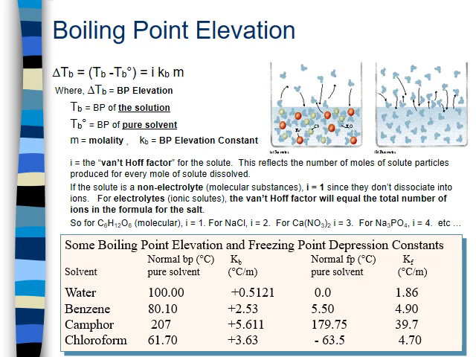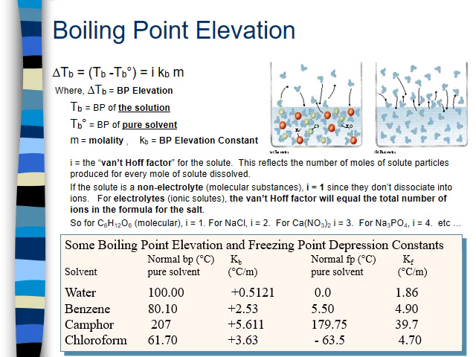The i was called the van't Hoff factor. Now you remember that colligative properties depend on the number of particles created in the solution. So if you're dissolving a solute which is a non-electrolyte, a solute which is molecular, a covalent compound, then it does not break apart into any ions when it dissolves.